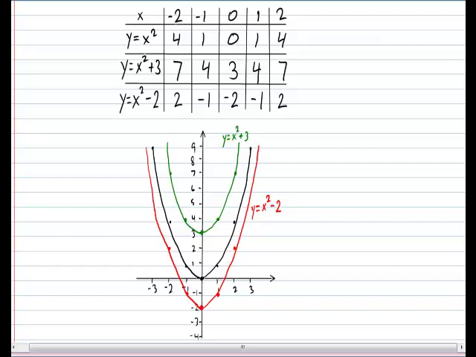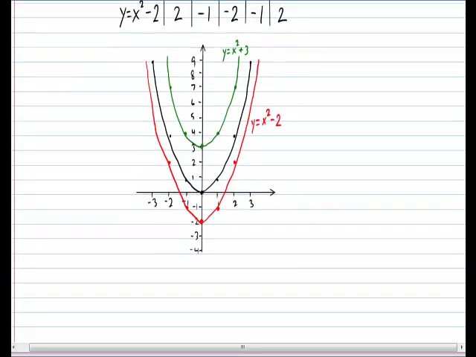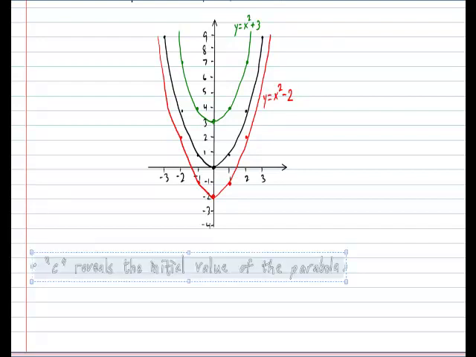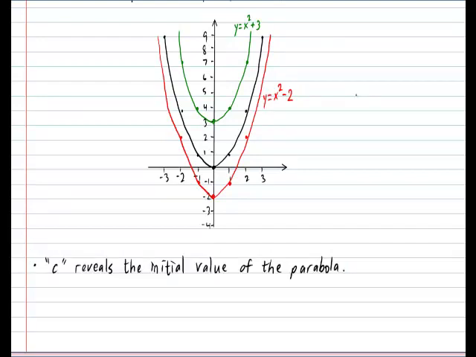Very interesting. Now let's put down our observations. Now if you look very carefully at the graph, I wonder how many of you noticed perhaps one of the most important observations about what the value of c reveals. Do you see it? If not, slap yourself and realize that c reveals the initial value of the parabola. Take a look.